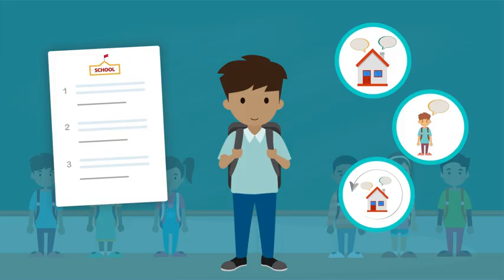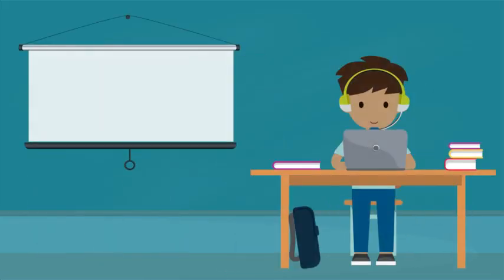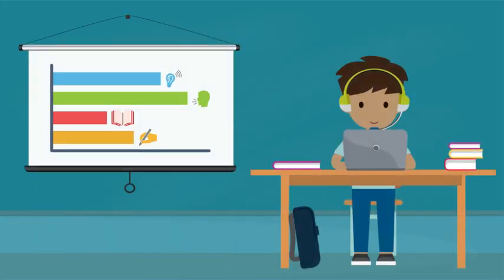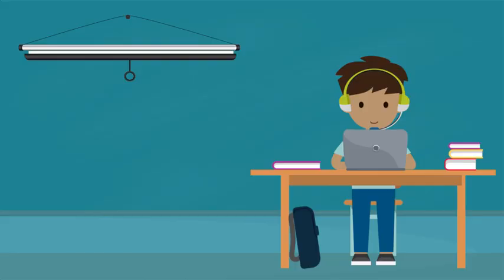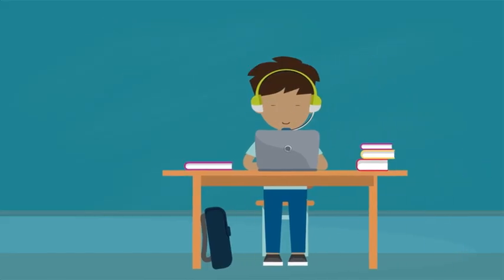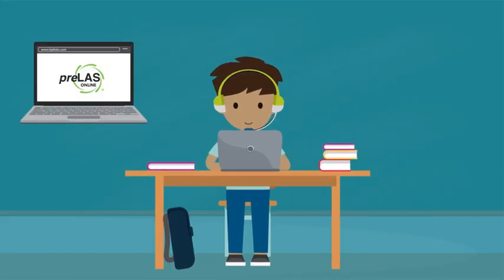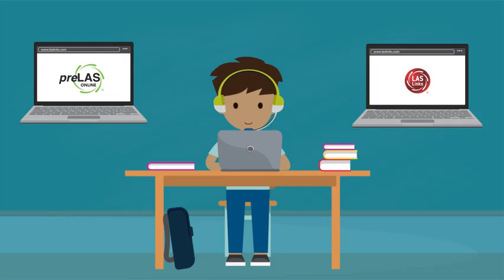If a language other than English is indicated on any question, the school assesses the student's English language proficiency using the statewide approved language assessment, pre-LAS or LAS Links, to determine how well your child communicates in English. This information will be used to determine any appropriate linguistic supports and inform instructional recommendations.